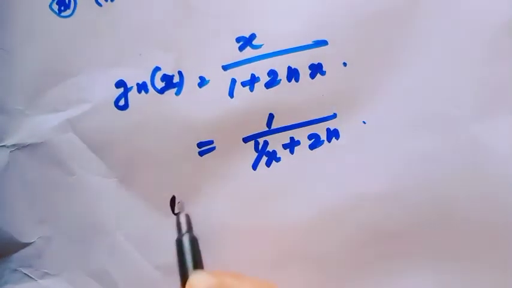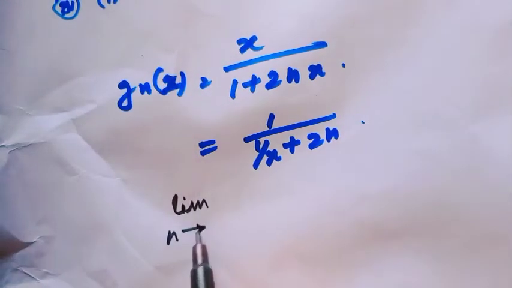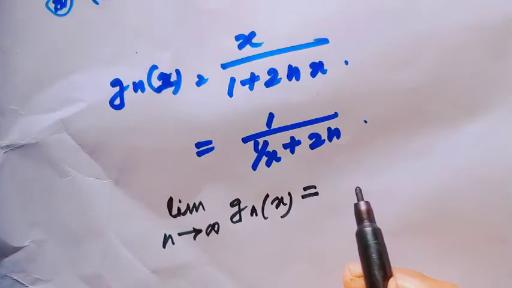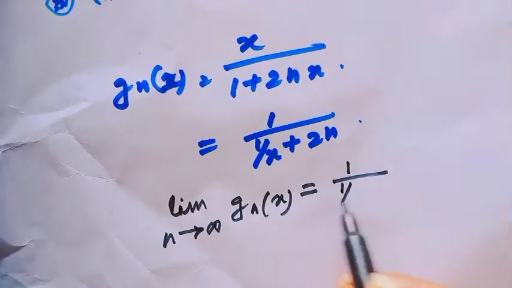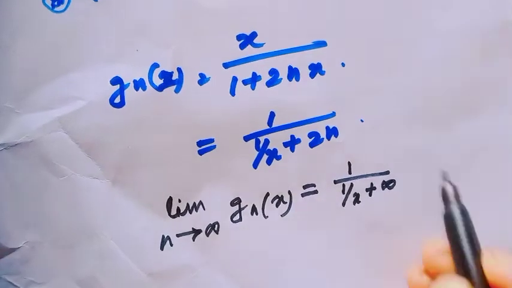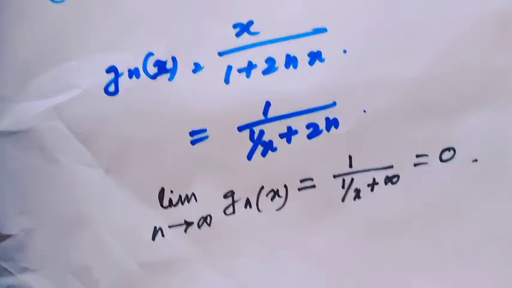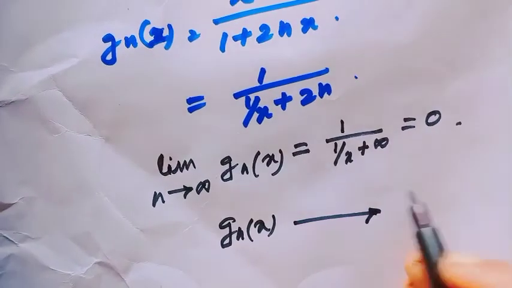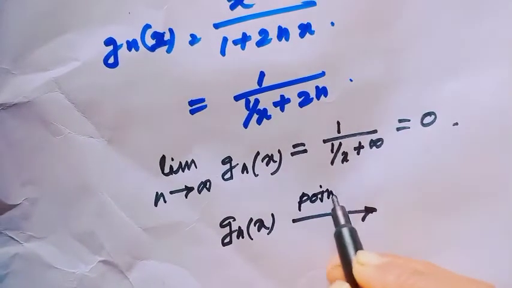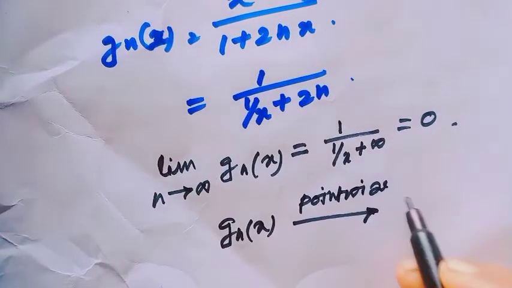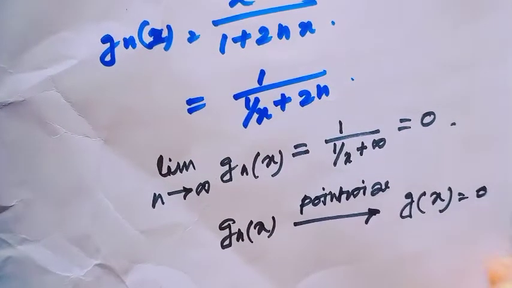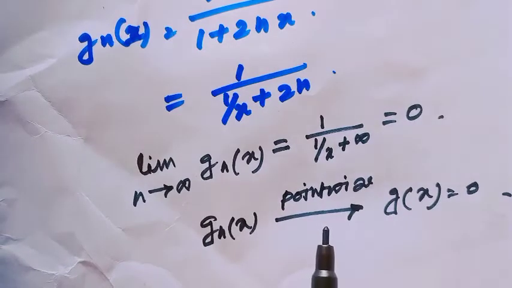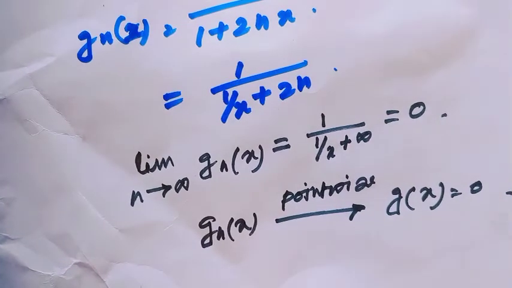Notice, obviously the limit as n tends to infinity of g_n(x) equals 1 over plus infinity, which is equal to 0. That means the sequence of functions g_n(x) converges pointwise to the function g(x) equal to 0. Now we have to check whether this convergence is uniform.